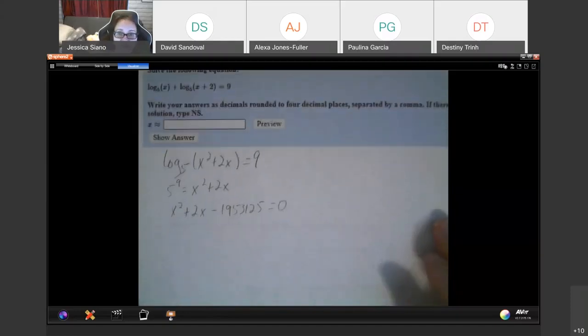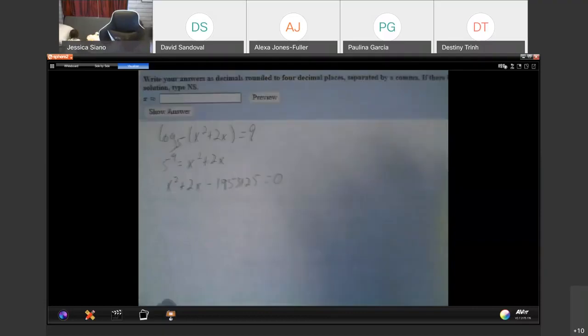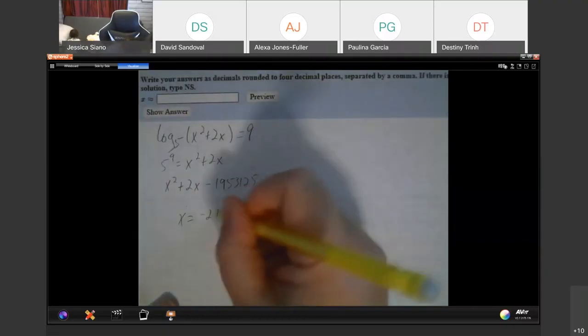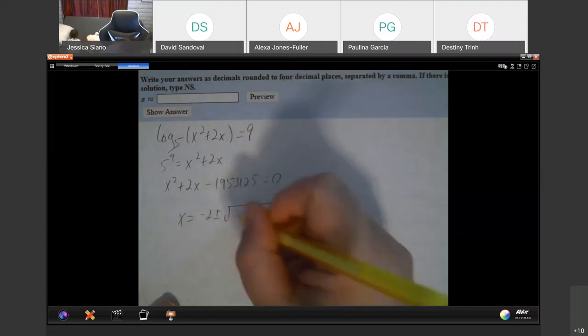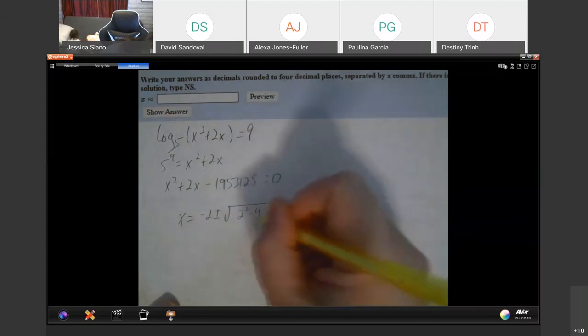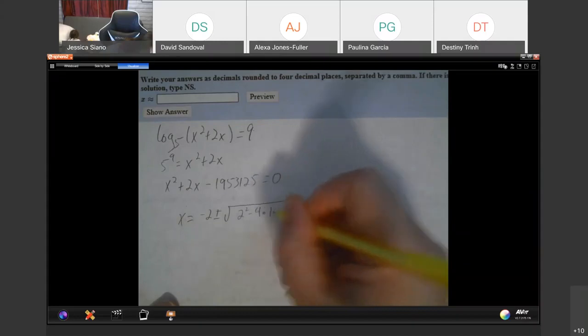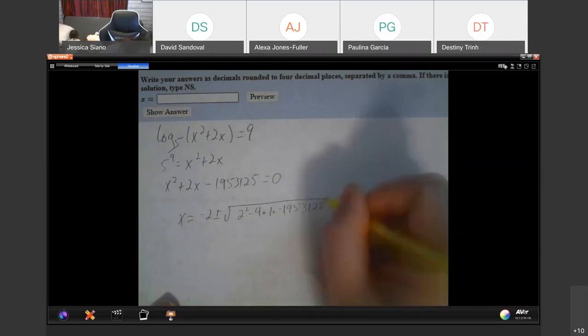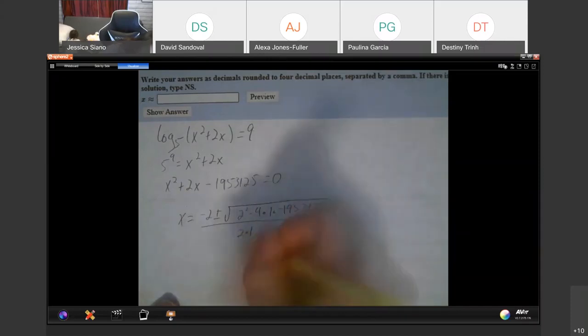I could attempt to factor that. I don't want to. So I'm just going to use the quadratic formula. Negative b plus or minus the square root of b squared minus 4 times a times c, over 2 times a.